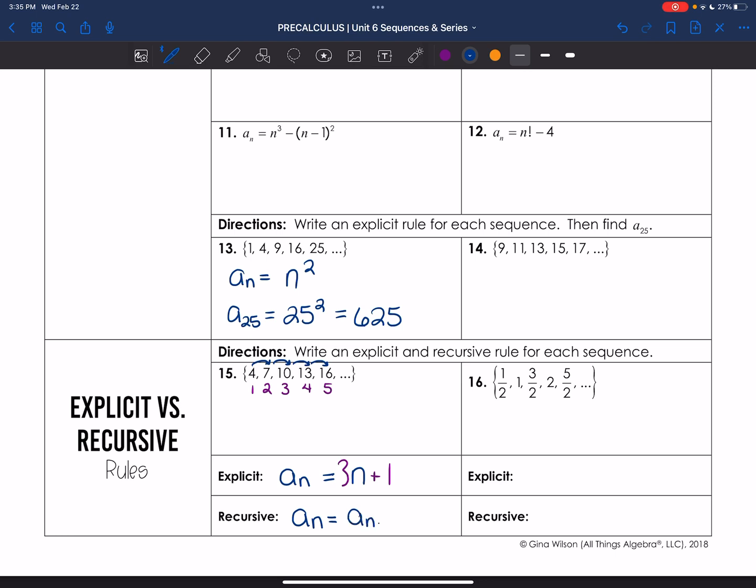You just take that previous term, add 3 to it. This is what we're more familiar with doing intuitively. And we would need to say that n must be greater than or equal to 2. Because we can't go into the negative regions for our terms. We've got to begin with our first value. We've got to know that A1 is equal to 4.